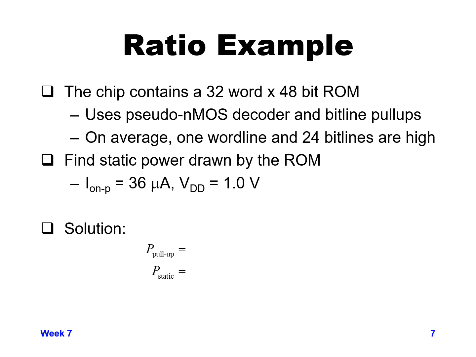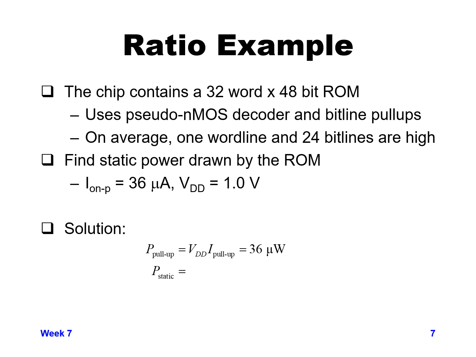So we have the on current for the P device is 36 microamps. So it sounds pretty small, and our VDD is 1 volt. If we go through and look at the solution for how much static power we're drawing from this device when it's not switching from 1 to 0 but just static, first we figure out the pull-up power.